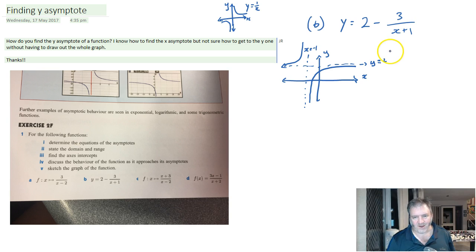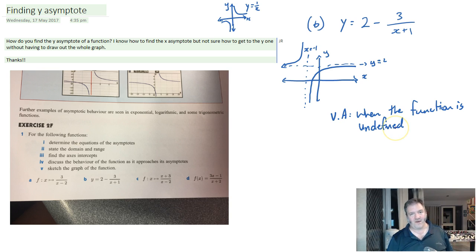Let's also think about them mathematically though. I have a vertical asymptote when x is undefined, when the function is undefined. So what makes the function undefined? Well, remember, there are only a few things that we're really not allowed to do in maths: square rooting negative numbers, finding the log of a non-positive number, and dividing by 0.